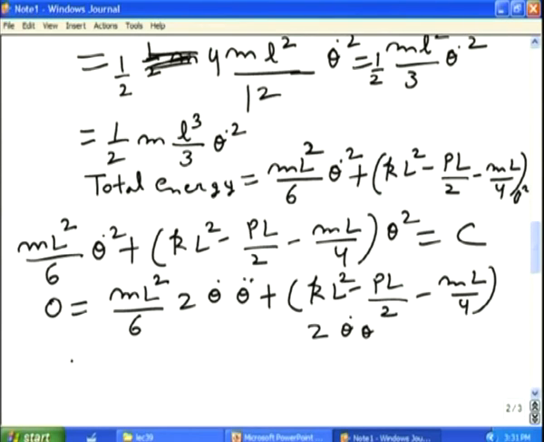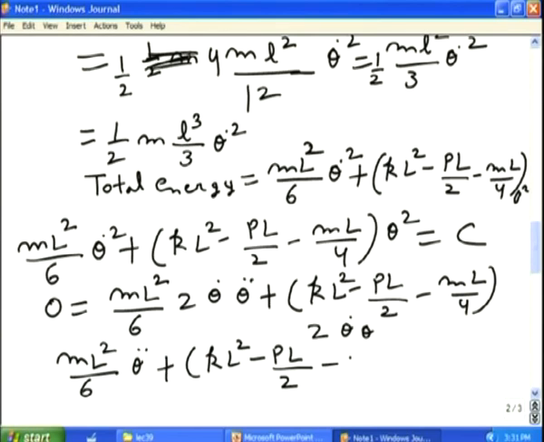So therefore theta dot can be cancelled throughout. Therefore you get ml square by 6 theta double dot plus KL square minus PL by 2 minus ML by 4 theta is equal to 0.